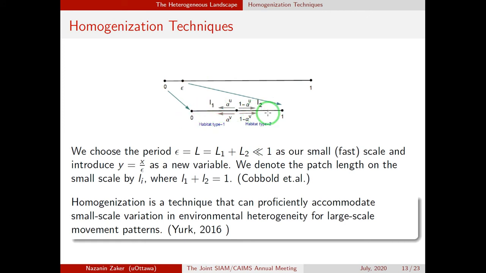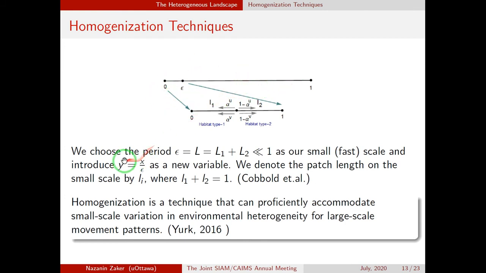on the local environment. Then we model the spatial temporal dynamics at the fast scale, accounting for variation in movement behavior and population dynamics arising from local environmental heterogeneity. Then by scaling up, we can obtain a model in terms of the slow scale variable that we want to study here.